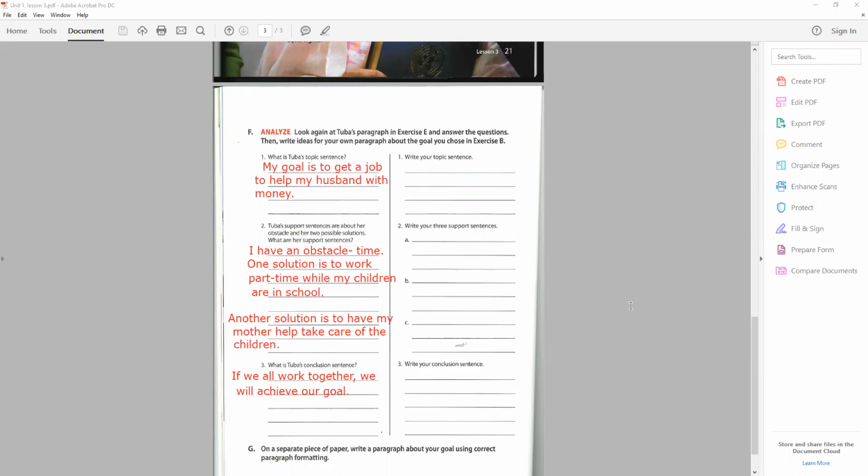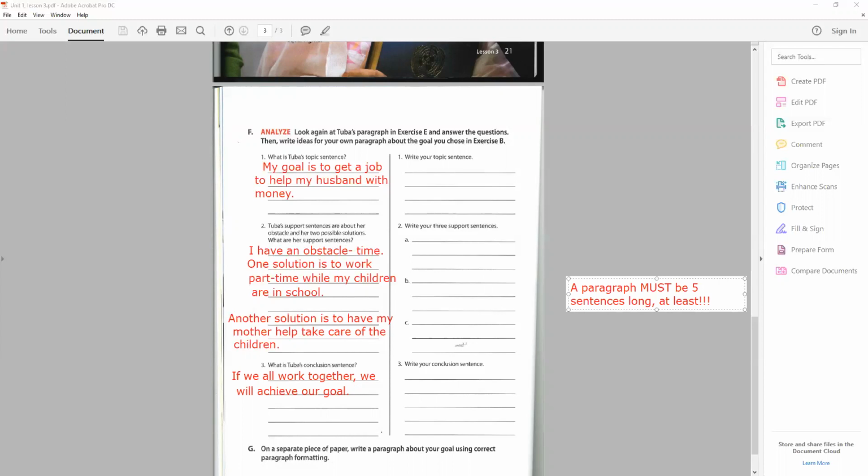Now on the right-hand side, using the goal that you wrote in exercise B, on the first page you're going to write a topic sentence. You have to write 3 supporting sentences, and then a conclusion sentence. The paragraph must be 5 sentences long, at least.